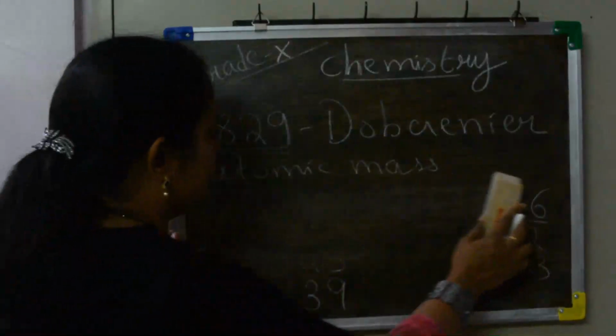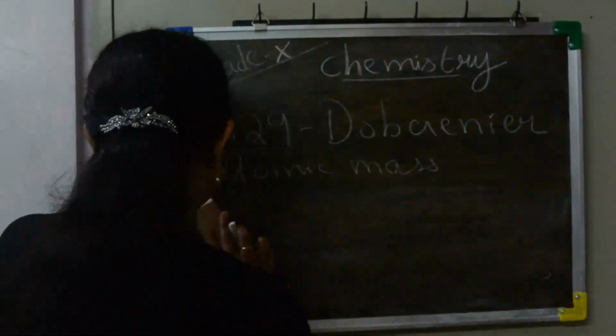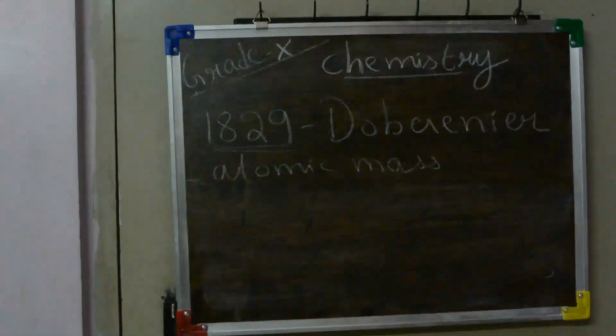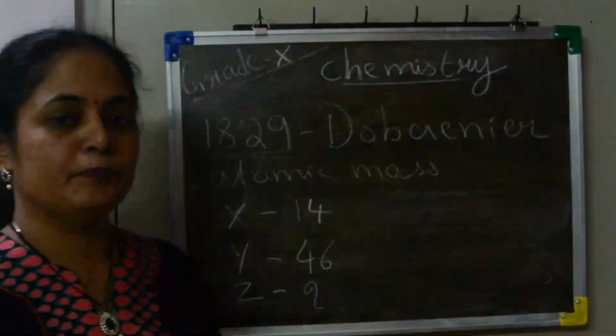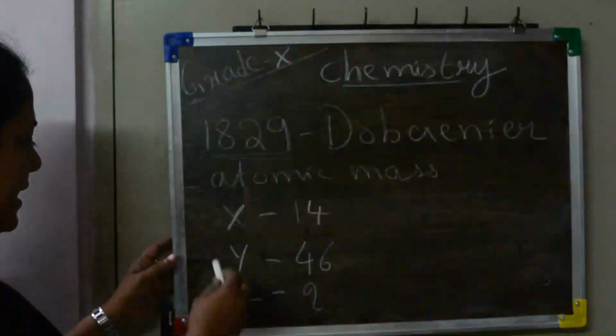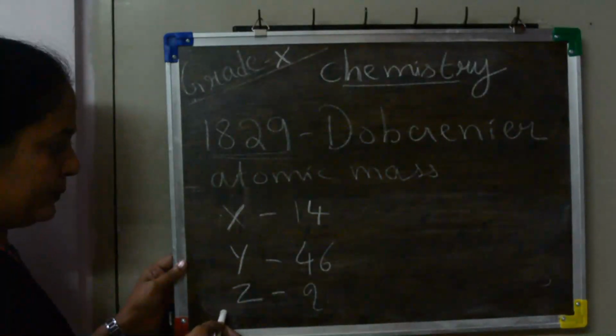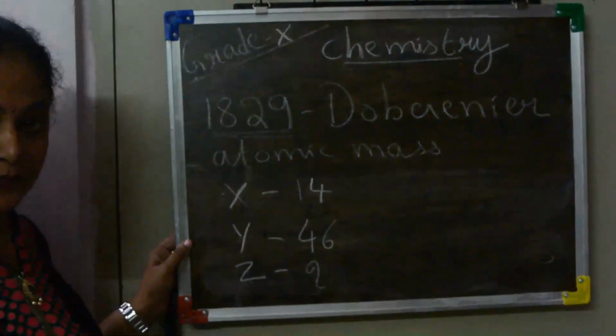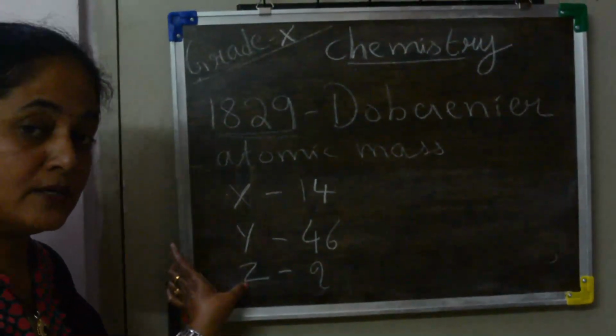Based on this, many problems will be asked. For example, suppose there are three elements X, Y and Z. The atomic masses of X and Y are given and you have to calculate the atomic mass of Z.